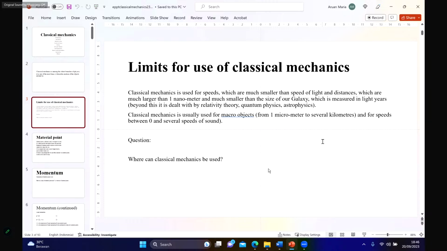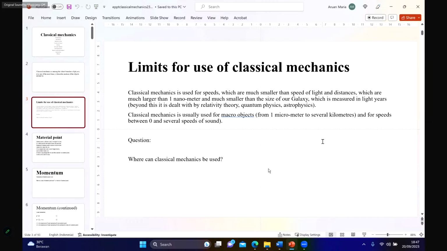But on the other hand, they are more practical, because in the book they usually say much less than speed of light, and the distance is usually more than Planck's length, which is like 10 to the power of negative 35 meters. But even at 1 micrometer, already quantum mechanics is significant.